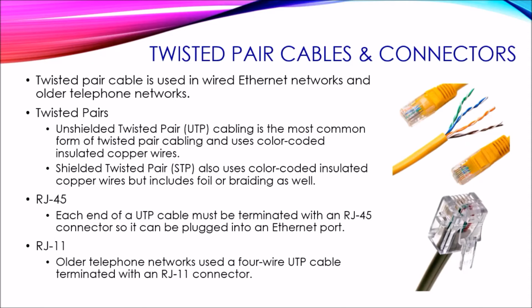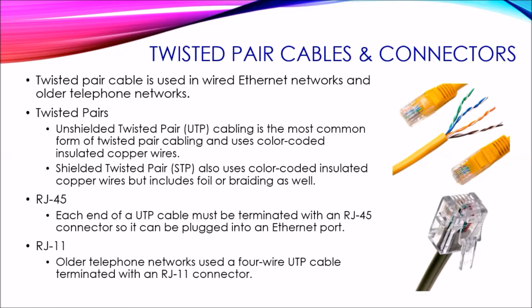Twisted pair cable has two main types, UTP and STP. Unshielded twisted pair cable (UTP) cabling is the most common form of twisted pair cabling and uses color-coded insulated copper wires. Means the media being used in a twisted pair cable is a copper media.